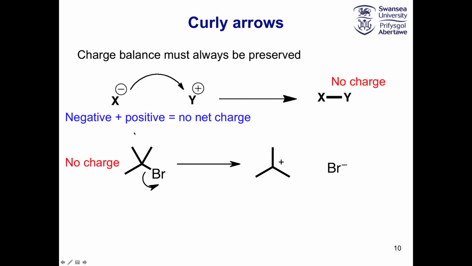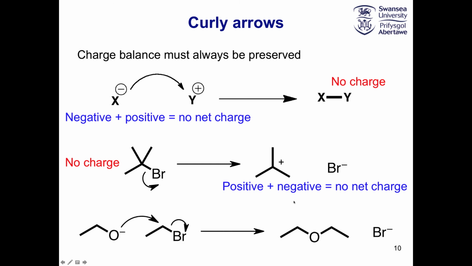We start with no charge, and we end up with a negative charge and a positive charge, again, which balances. Finally, we have this situation where we have a neutral molecule plus a negative ion, giving a net negative charge. In the products, we must therefore also have a net negative charge, this time on this species.